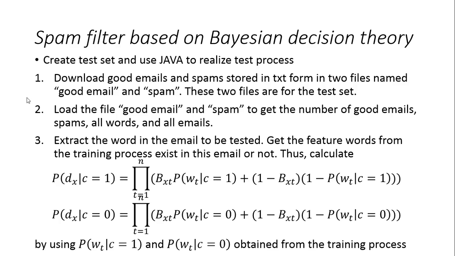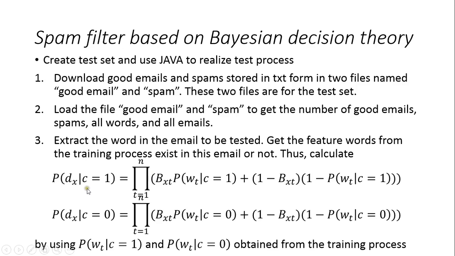And then load the files good email and spam to get the number of good emails, spams, all words, and all emails. And then we should extract the words in the email to be tested, and check whether the feature words from the training process exist in this email or not.